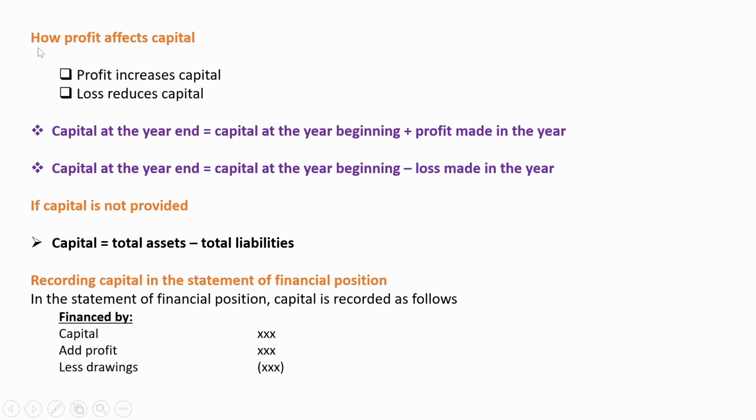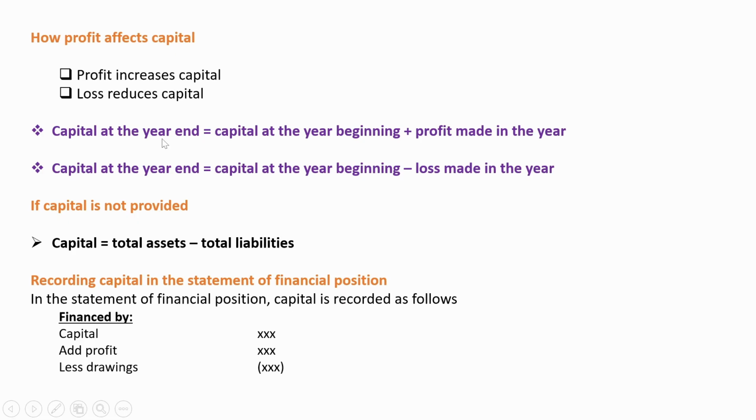So now we want to see how profit affects capital. So profit increases capital and loss reduces capital. So if you are given capital at the year beginning, and then we assume the owner has not introduced any more capital in form of cash or in form of asset, so that capital will change depending on the amount of profit the business will make in the year.